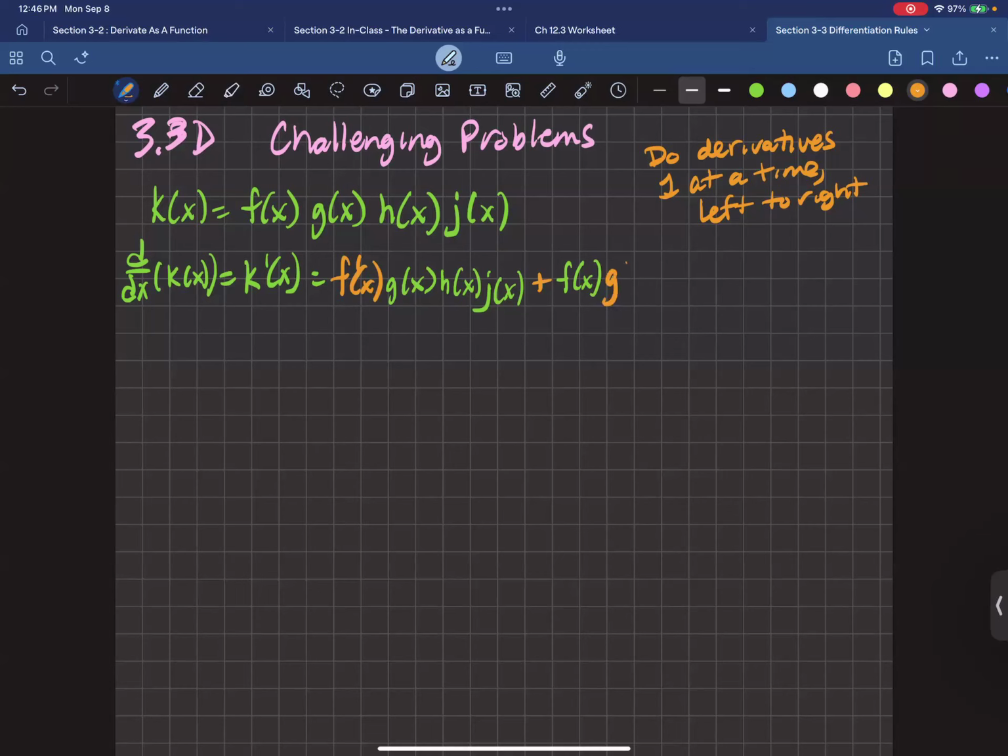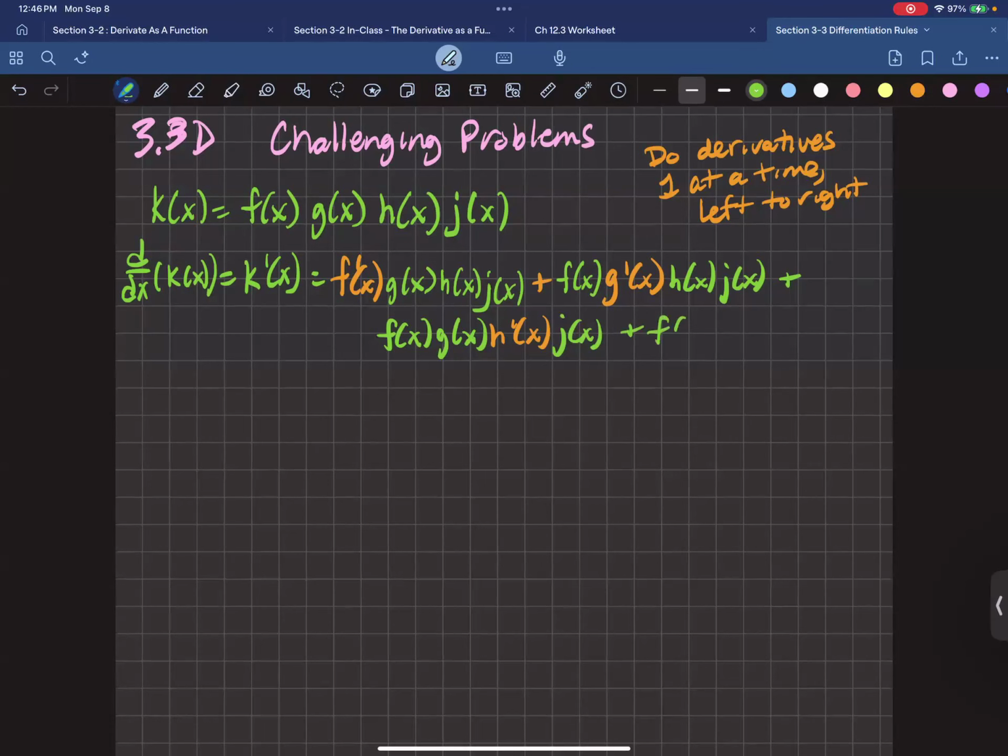Then you do the derivative of the second one, leaving the rest alone. Then you do the derivative of the third one, leaving the rest alone.